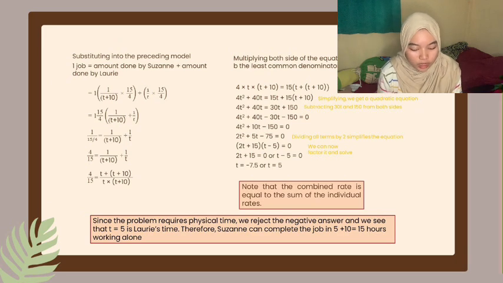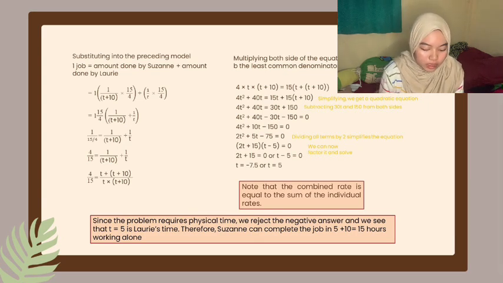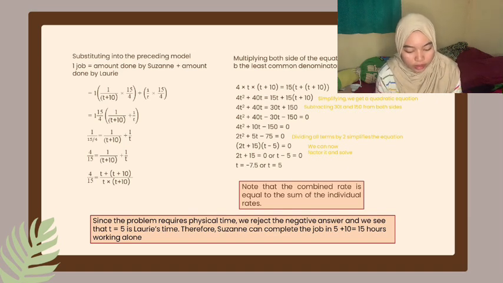2T squared plus 5T minus 75 equals 0. Dividing out 2, we simplify the equation. (2T plus 15)(T minus 5) equals 0. 2T plus 15 equals 0 or T minus 5 equals 0.